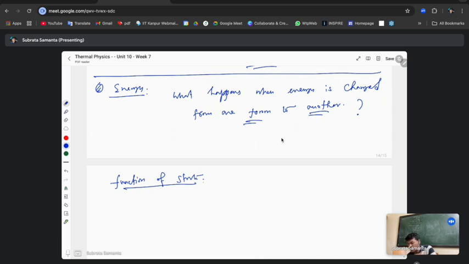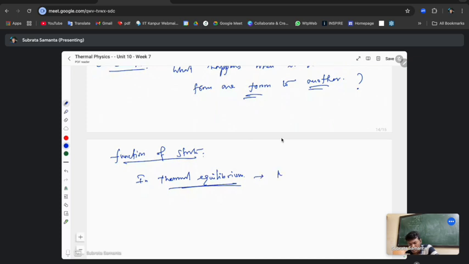A function of state. So basically, for a system in thermal equilibrium, all the macroscopic observable properties are fixed. Right. So if a system is in thermal equilibrium, the macroscopic properties are fixed.